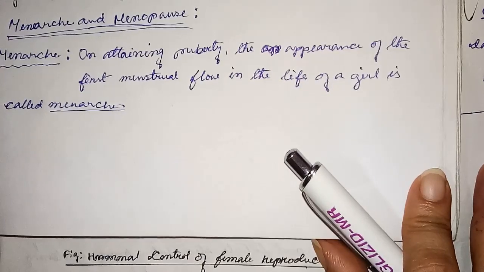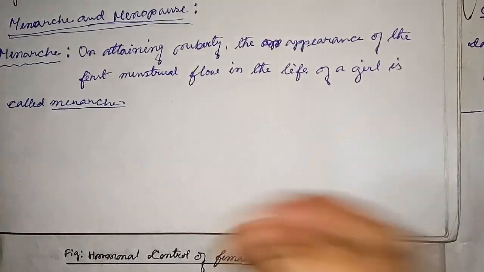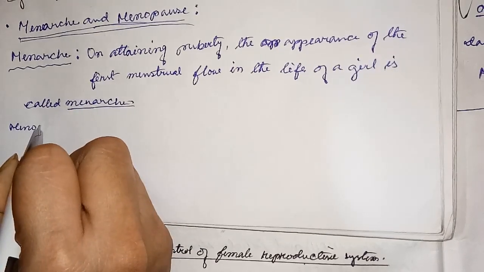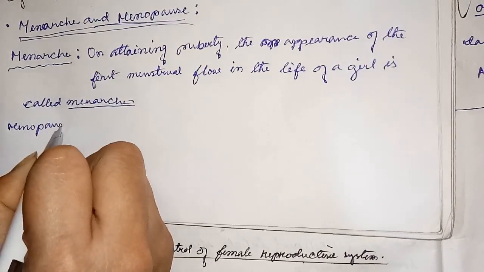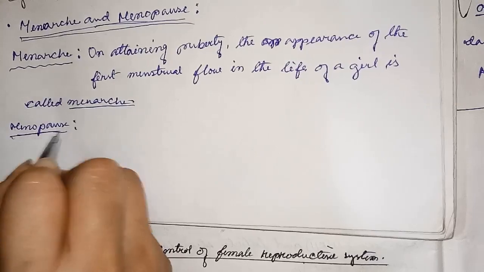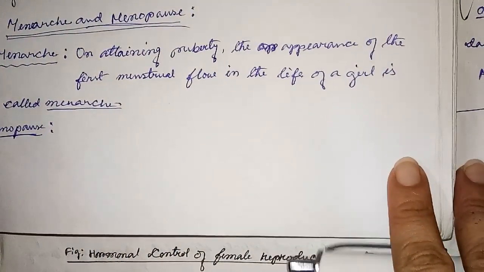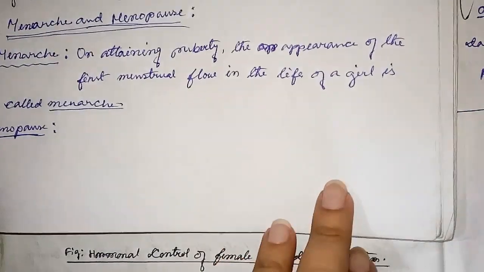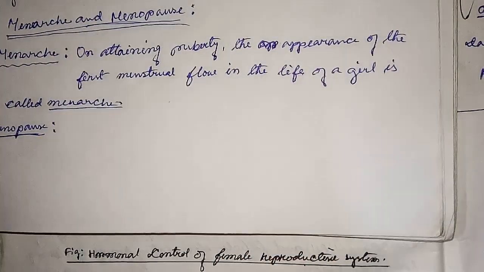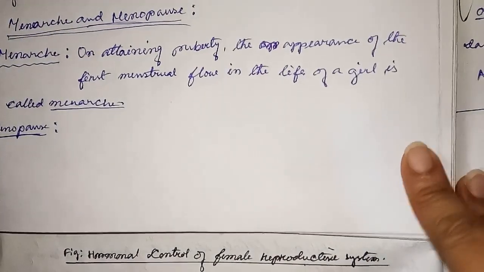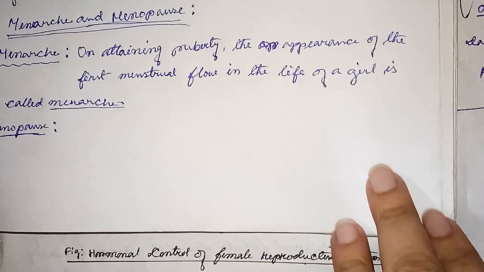Now next, what is menopause? The permanent stoppage of menstrual cycle in a woman is called menopause.